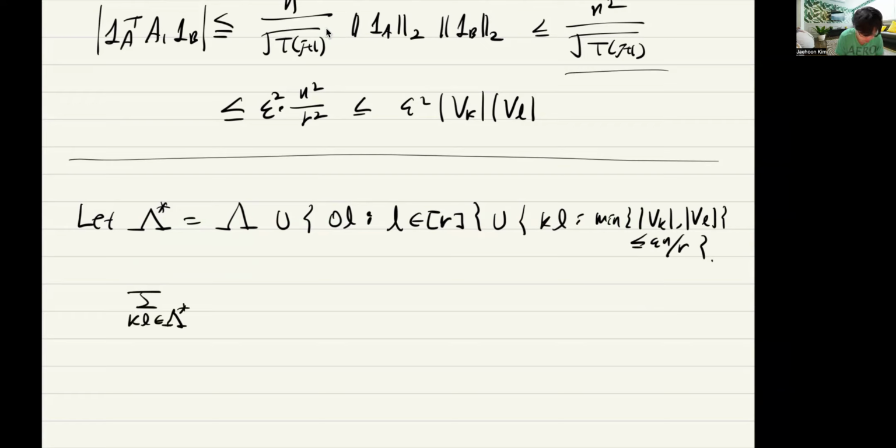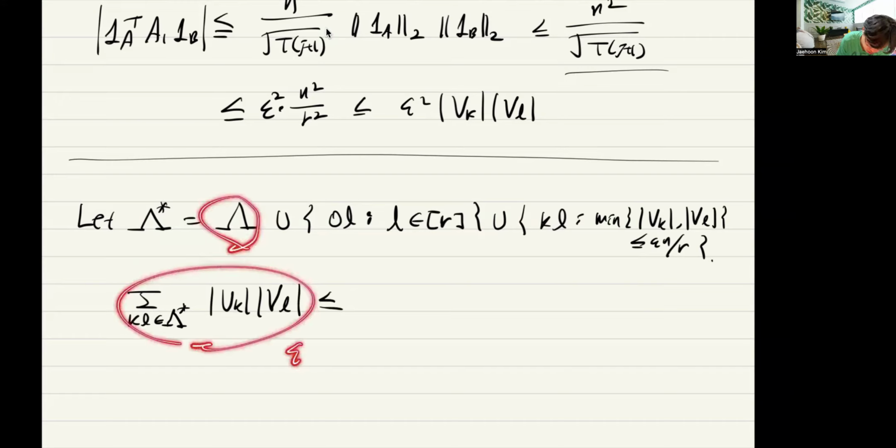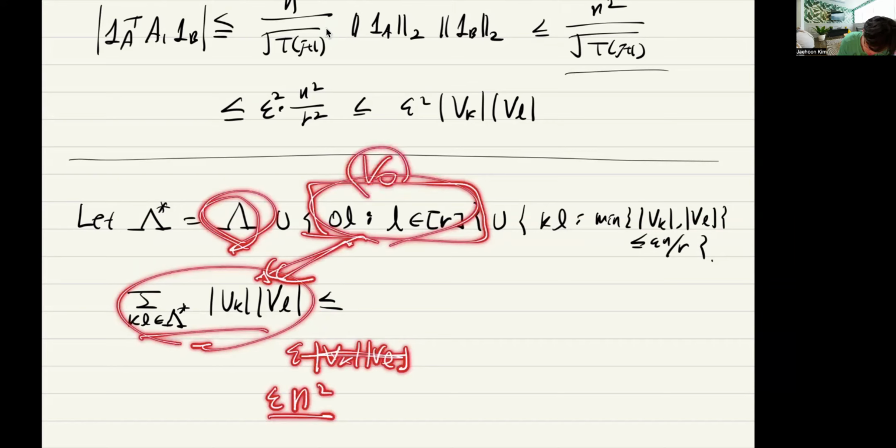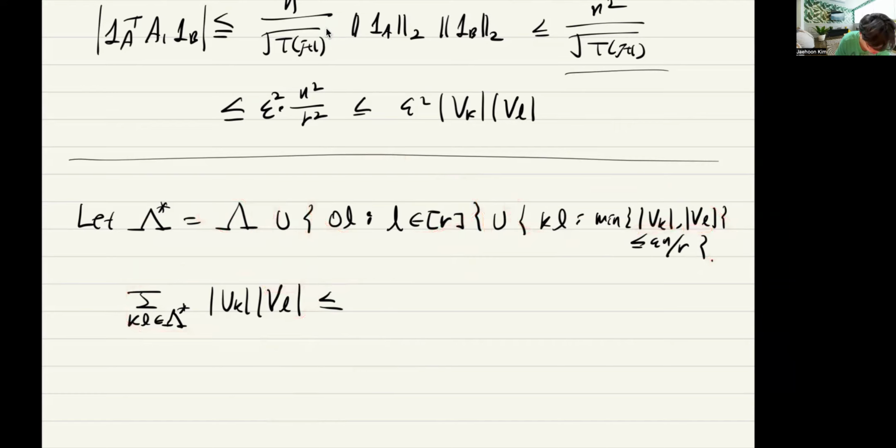Then with this exceptional one, you can show this. So for this, the summation was almost epsilon times VK times VL. For this, if you sum it, then that's almost epsilon times n squared. And for this, if you sum it, we know that V0 is small, so it shows a small value. For this, at least one of them is small, so you can also show that this is small. So in total, you can show that this is small. So those are the exceptional pairs.